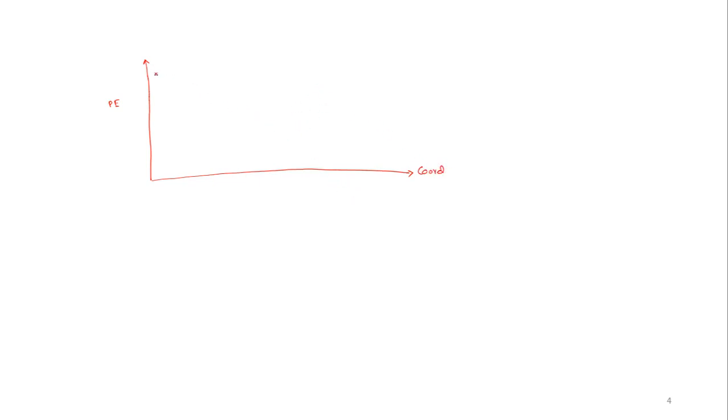If we plot the potential energy with respect to the coordinate, you can expect to get such a graph of the potential energy surface, right?